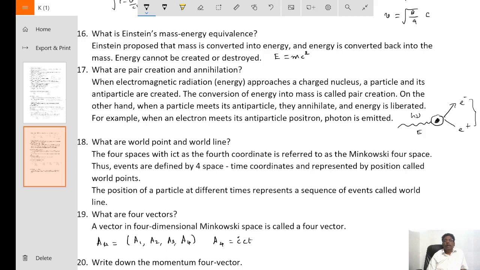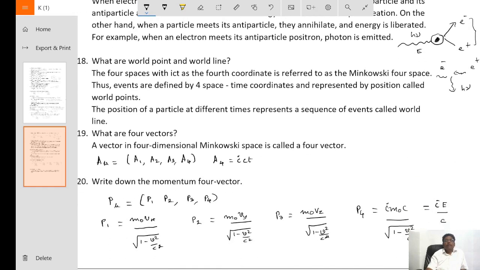On the other hand, when a particle meets its antiparticle, they annihilate and energy is liberated. Suppose an electron meets its antiparticle, the positron, then a photon is emitted and energy is liberated. This is conversion of mass into energy. This is Einstein mass energy equivalence.